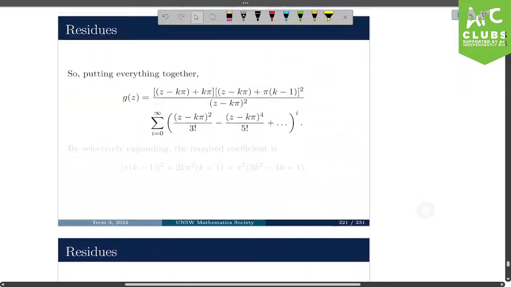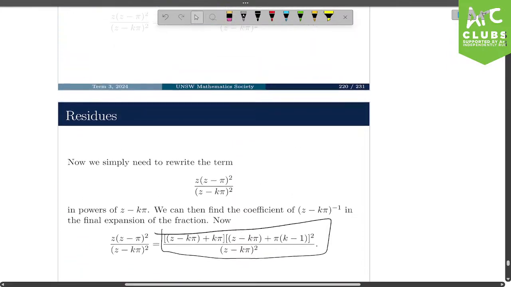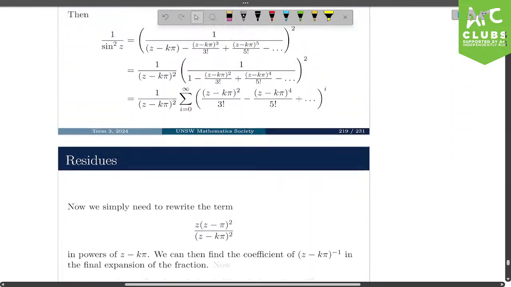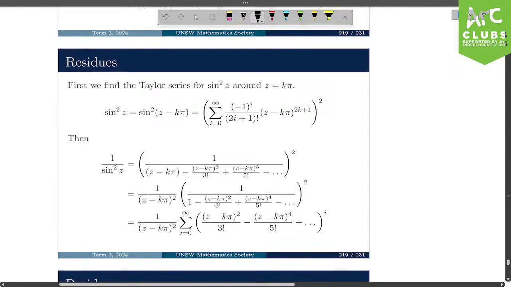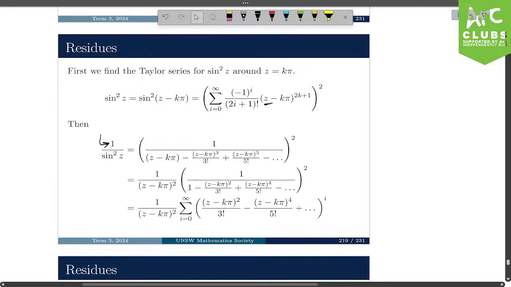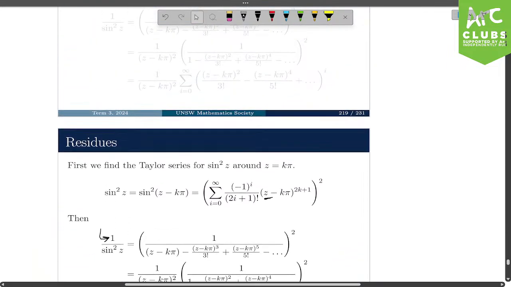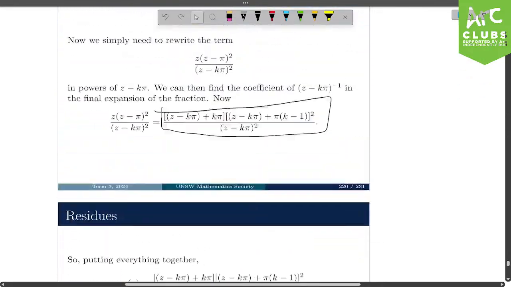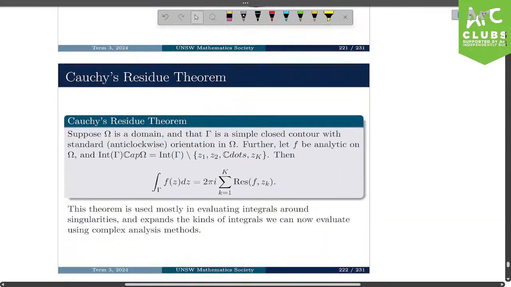All right, and so the big trick here is just really breaking our sine into its respective Taylor series and then pushing that to get different z values. Okay, fantastic. All right, so let's move forwards.